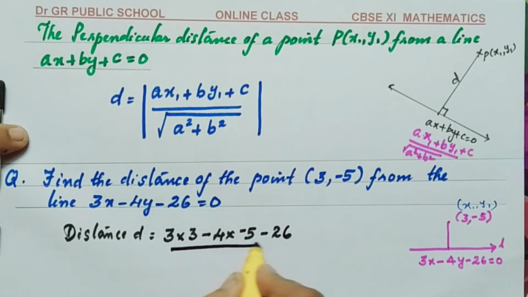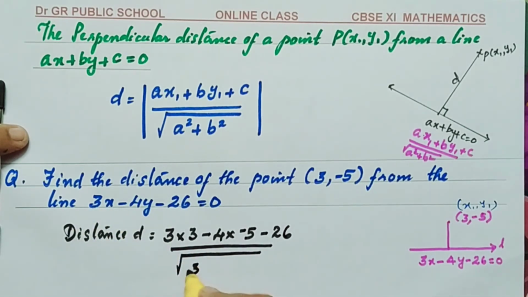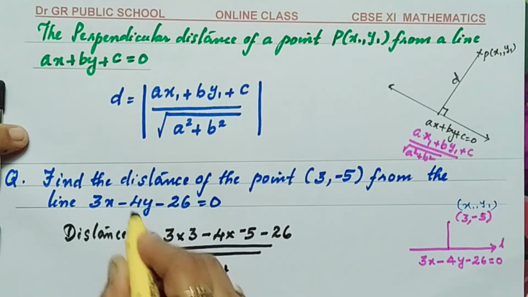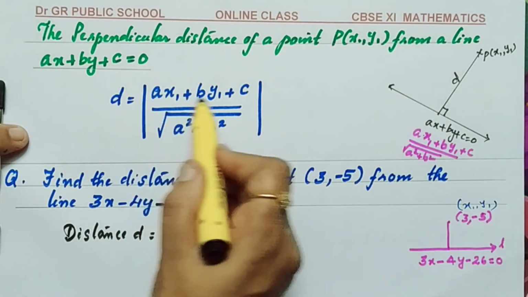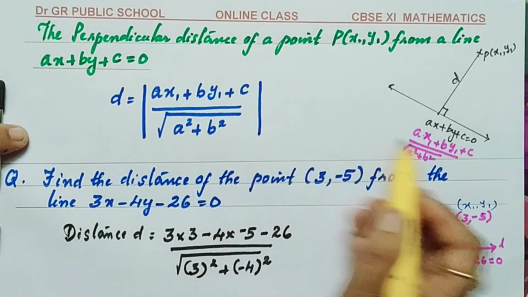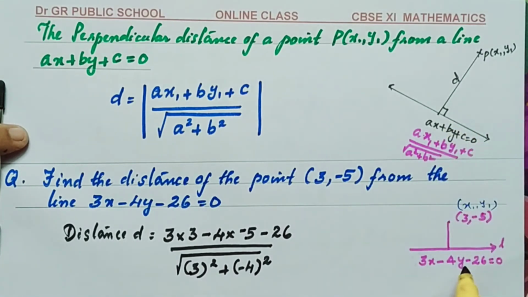The whole divided by root of the coefficient of x square, that is 3 square, plus the coefficient of y square, that is minus 4 square. This is the standard formula ax1 plus by1 plus c, in which you replace x and y with the values x1 and y1. So in the problem, your x1, y1 is 3, minus 5. So replace the x and y with 3 and minus 5.